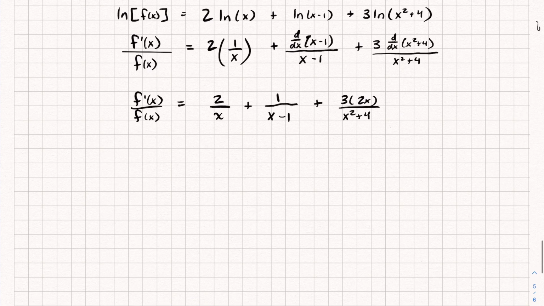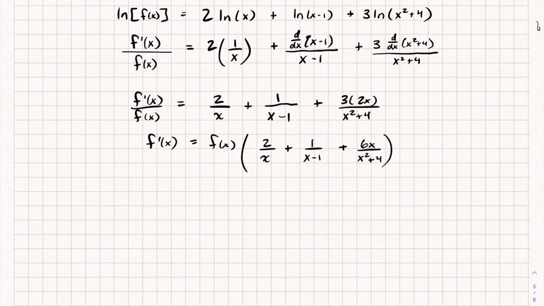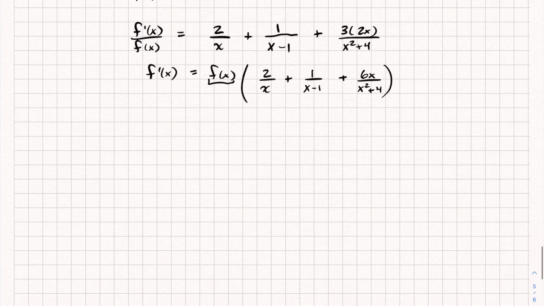And then now I'm going to go through and solve for f prime by multiplying f of x over. Bring down all of this junk, where 3 times 2x is 6x. And I need to re-plug in for the original function.